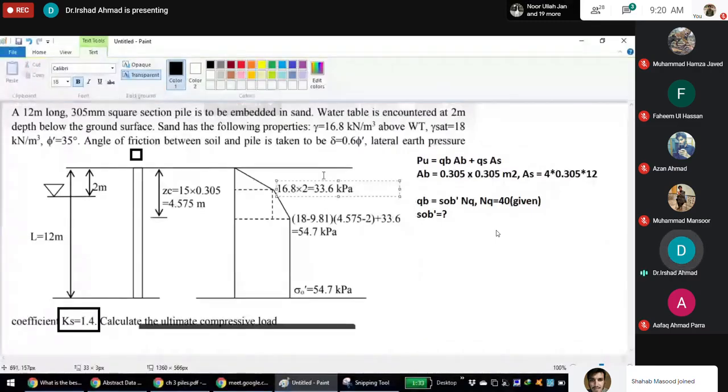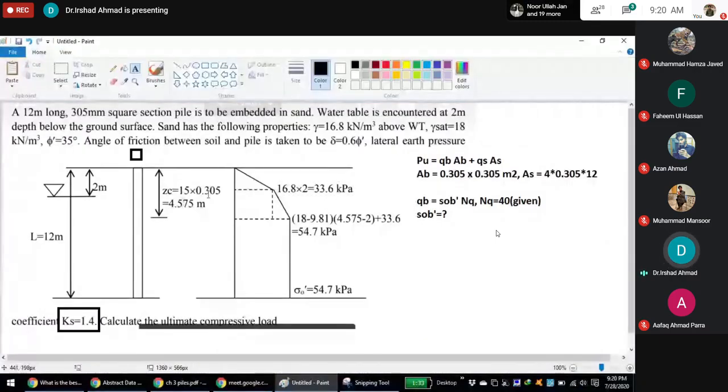ZC occurs at 15 times the width of the pile, at 4.575 meters. At 4.75 meters, the effective stress is 54.7. After that, it becomes constant. So at the base of the pile, the effective stress is 54.7.